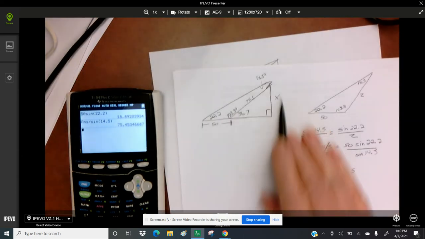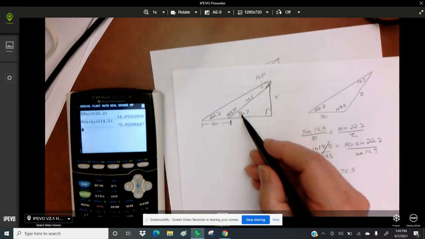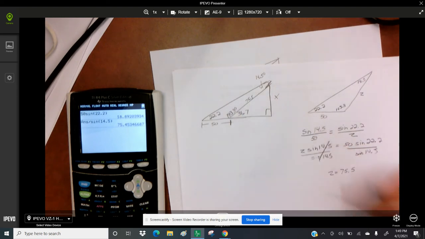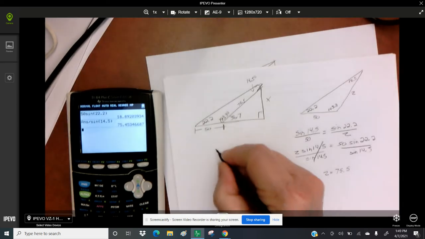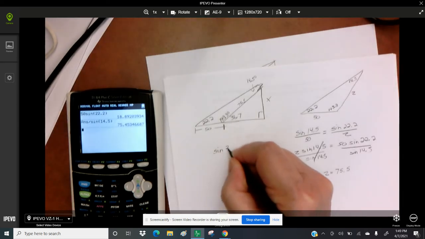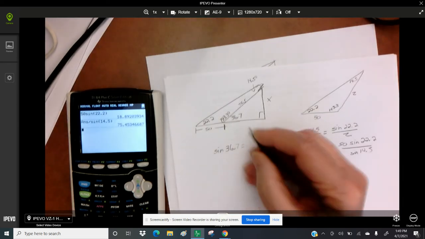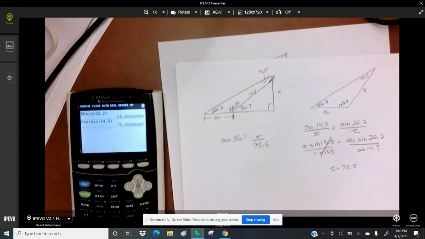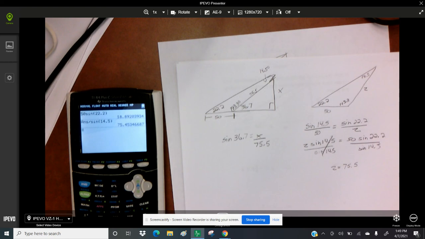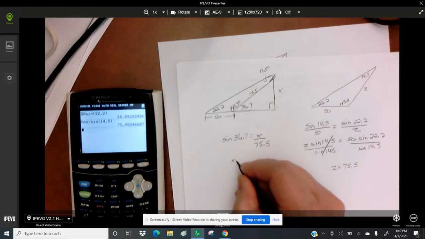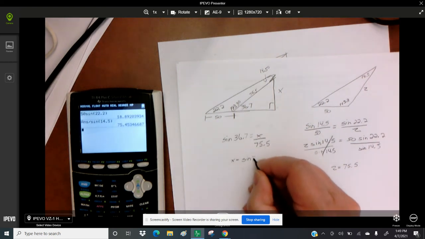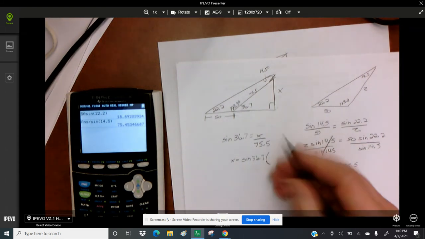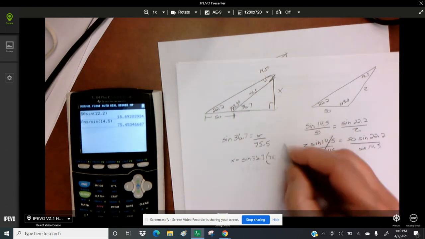All right, so now I know that this here is 75.5. Well, now I can use right triangle trig because I can say the opposite over the hypotenuse, and I'll be able to find x. So I can say the sine of 36.7 equals x over 75.5. And then I can just cross multiply. And so I know x is going to be the sine of 36.7 times this 75.5.